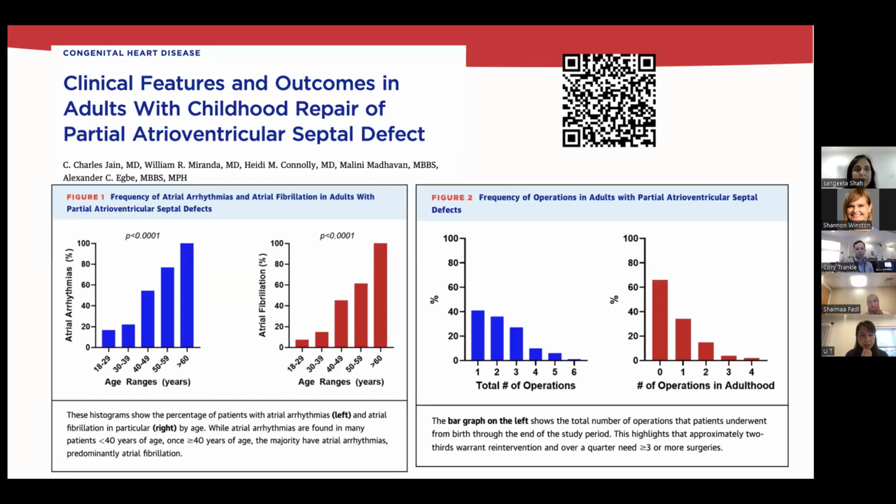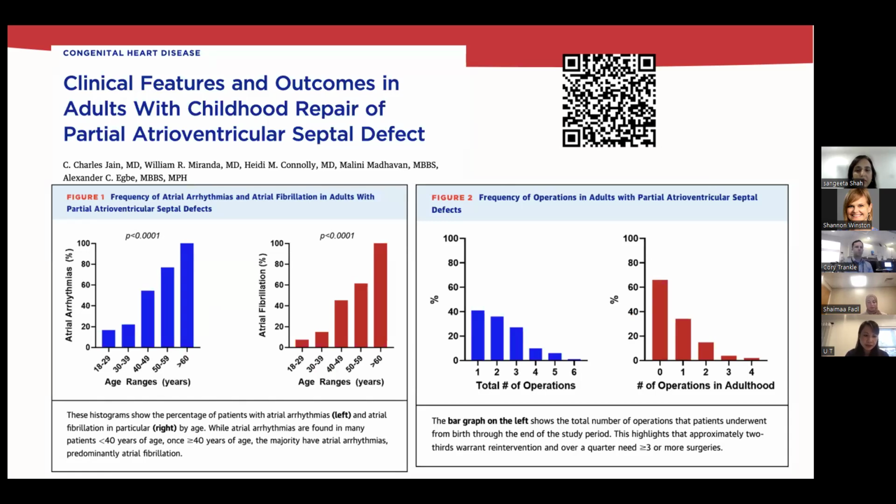This came out recently in JACC, and also describes the Mayo experience. They looked at all comers who had repair of AV septal defects, so not just the patients who had repair in adulthood. And they found again that arrhythmia is the primary morbidity.